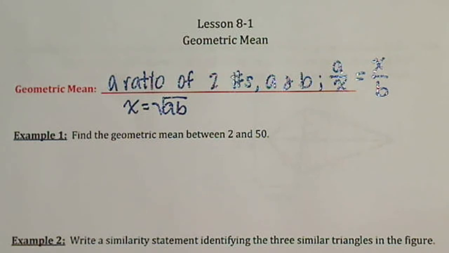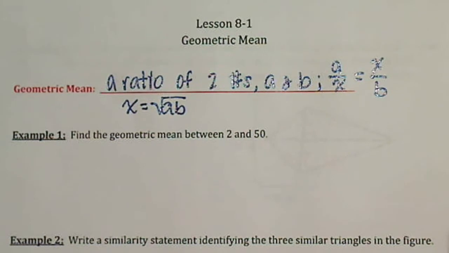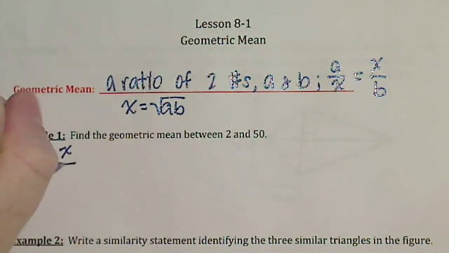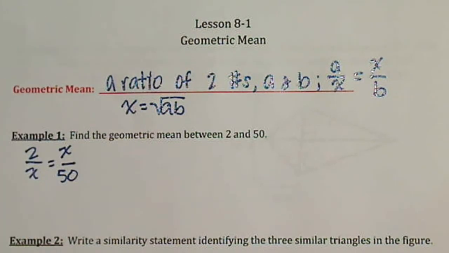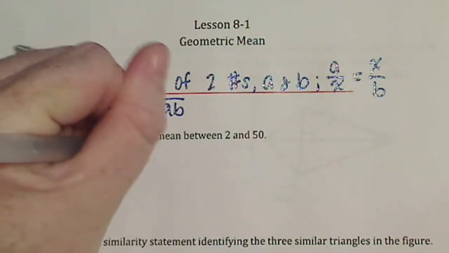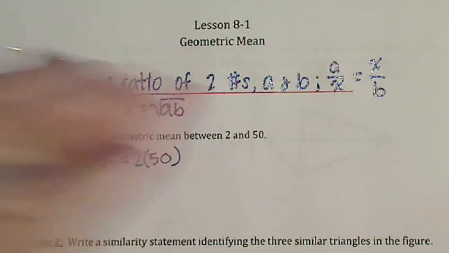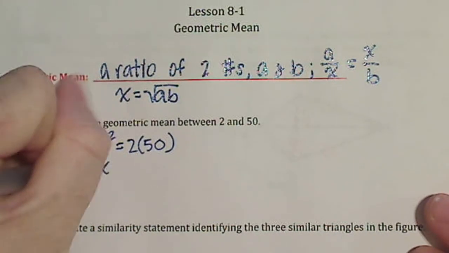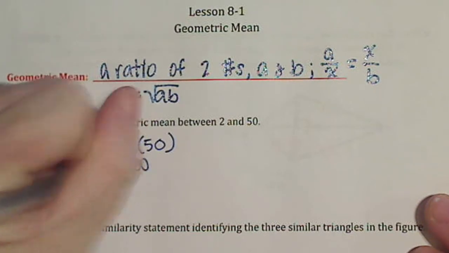So let's practice doing a geometric mean. The geometric mean between 2 and 50. So if I set this up, 2 over X equals X over 50, and I cross multiply, I get X squared equals 2 times 50, or X squared equals 100.